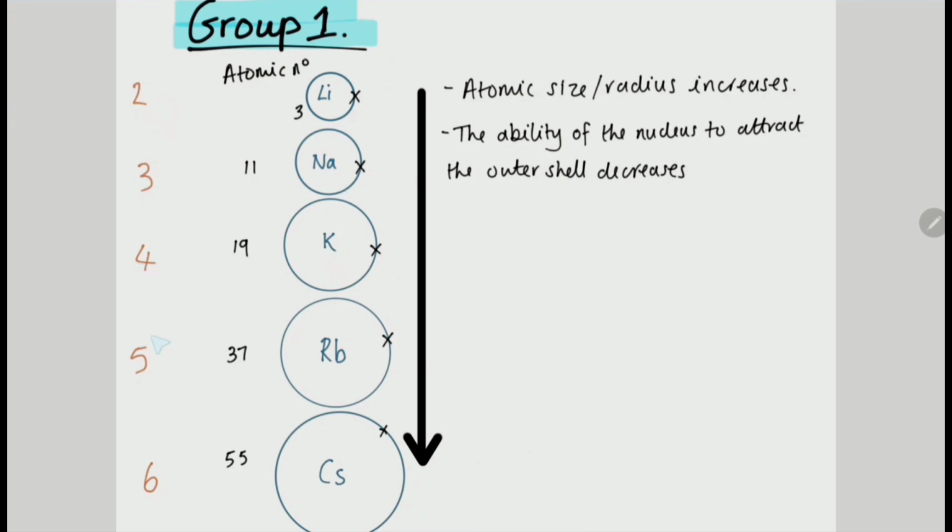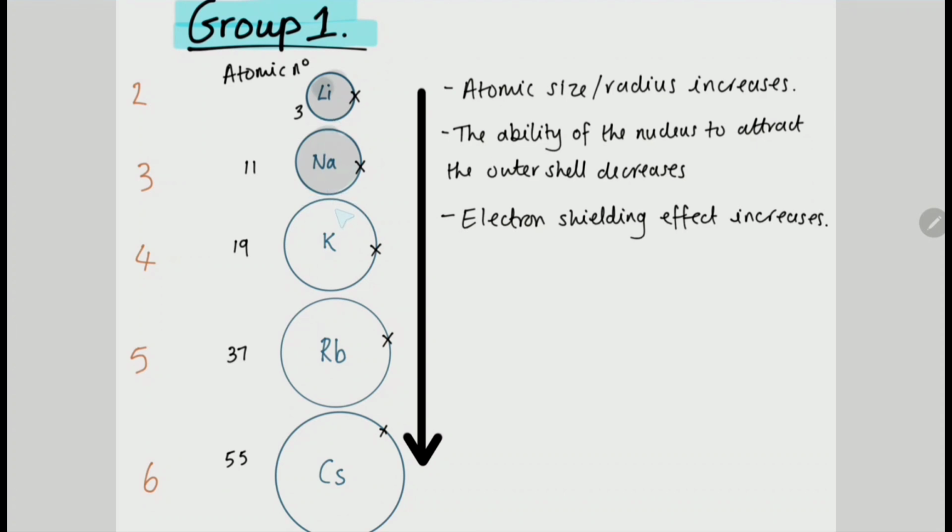So there is also another effect, and this is known as the electron shielding effect. The electron shielding effect increases as you go down the group, and I'll explain what that is. If you look at lithium here, lithium has 2 electrons in its inner energy levels, and sodium has 10 electrons in its inner energy levels.